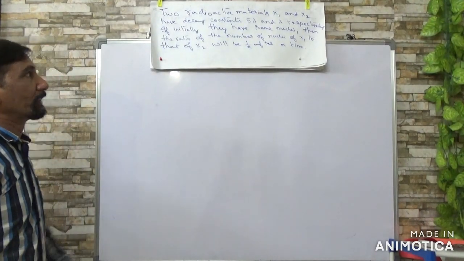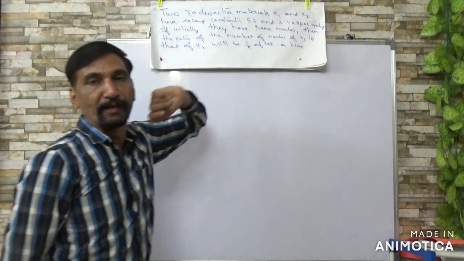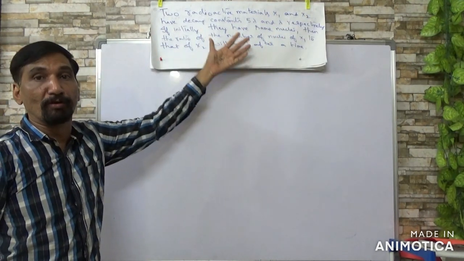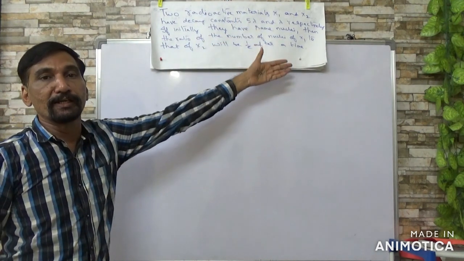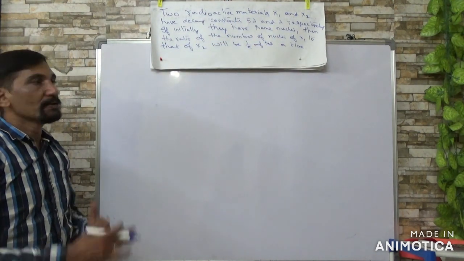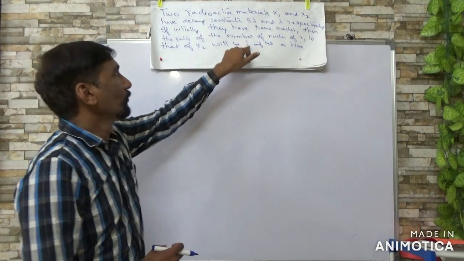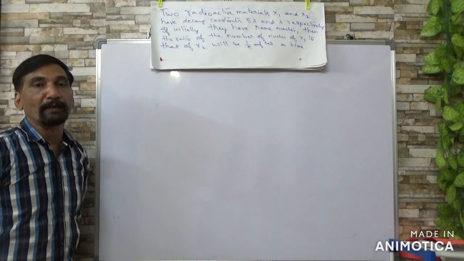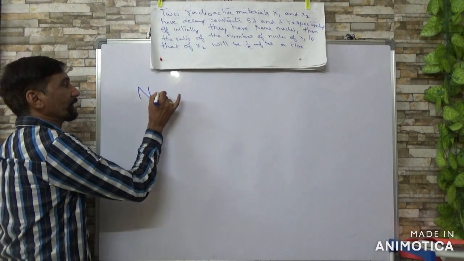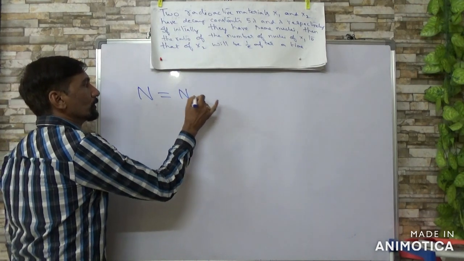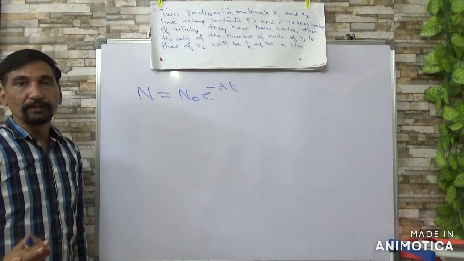Now about the given problem. There are 2 radioactive materials X1 and X2 having an equal number of nucleons. The first decay constant is 5 lambda, the next one is lambda. They said after a certain time the ratio of disintegration is given as 1 by e. That time you want to find. According to the law of radioactivity, N equals N0 times e power minus lambda t.